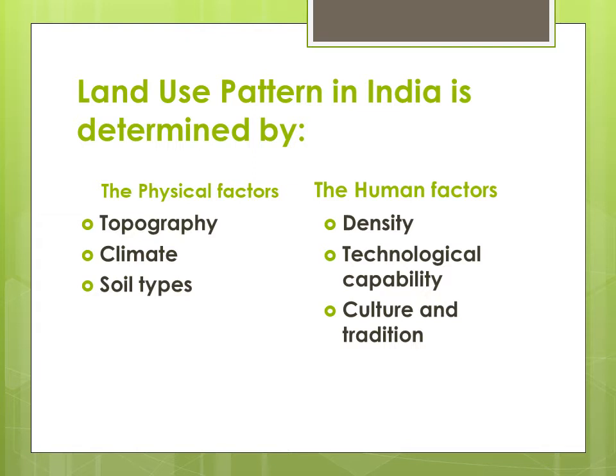Culture and tradition: if most people in a particular village are farmers, that is the tradition of that area, so everybody will go for cultivation, and that determines the land use pattern of that area.